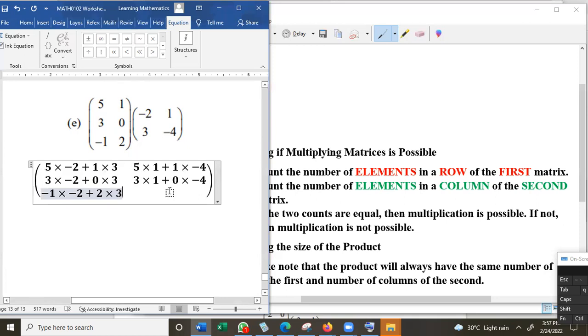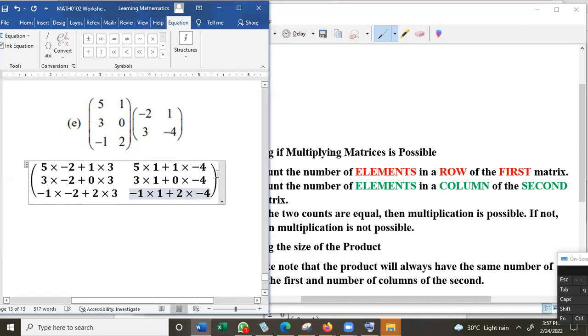So now we come in there. Remember, we're still on the third row, so we have to go back to the negative 1. Negative 1 times 1 plus 2 times negative 4. Exactly. And we just put that in our calculator.